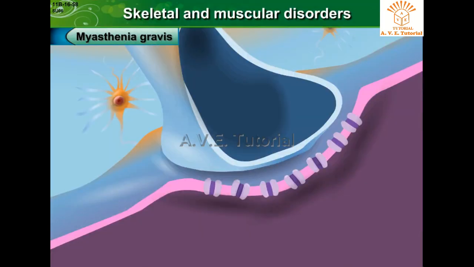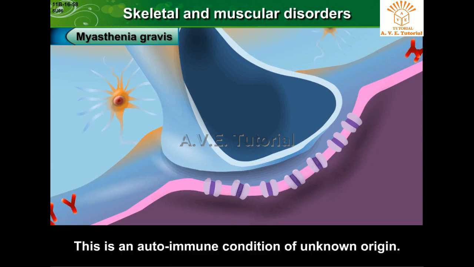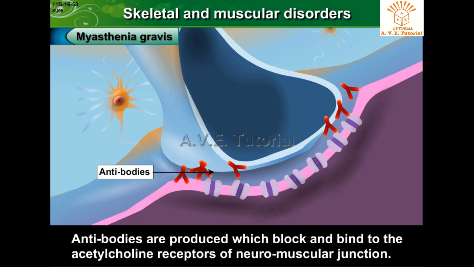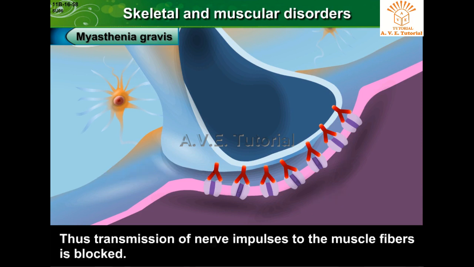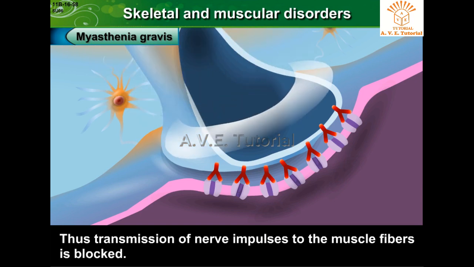Myasthenia gravis. This is an autoimmune condition of unknown origin. Antibodies are produced which block and bind to the acetylcholine receptors of the neuromuscular junction. Thus, transmission of nerve impulses to the muscle fibers is blocked.